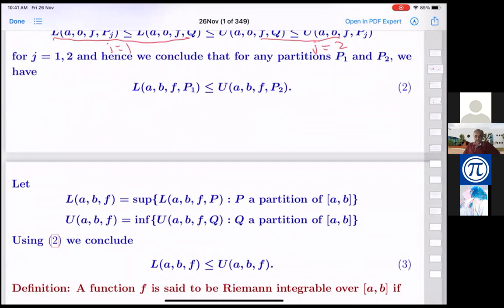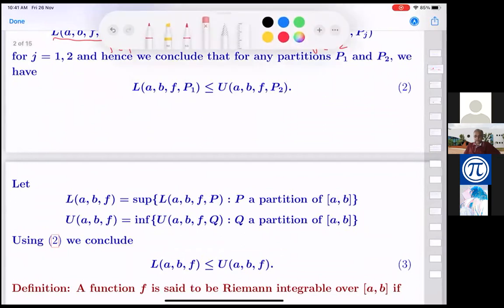And now if you take the supremum of L over all partitions and the infimum of U over all partitions, since for every pair P1 and P2 this happens, you take the supremum over the lower bound, and the supremum of L will be less than or equal to U for every P2, and then when we take the infimum over P2 we'll get the result.